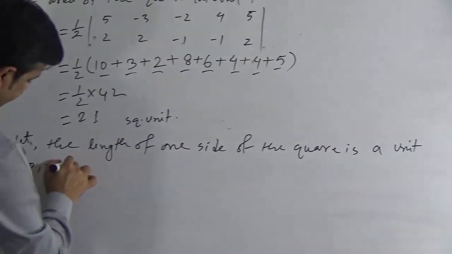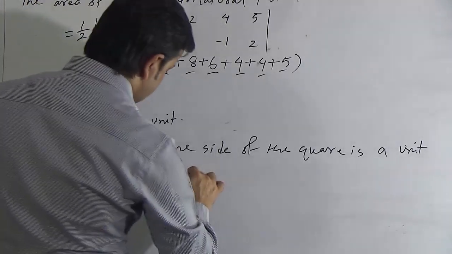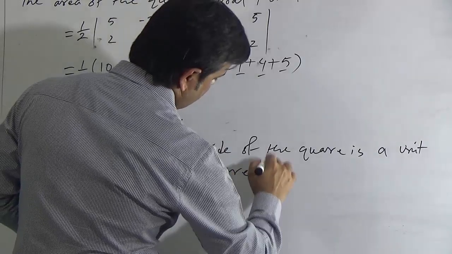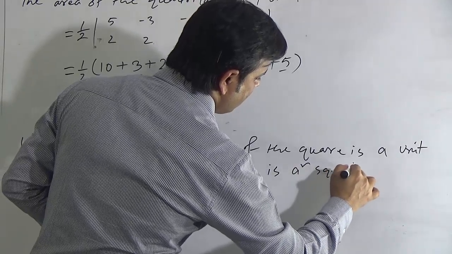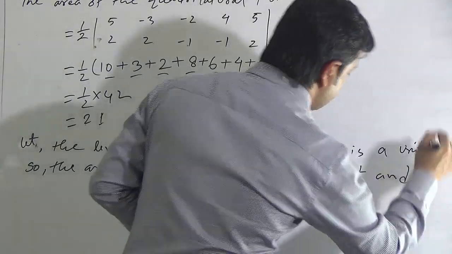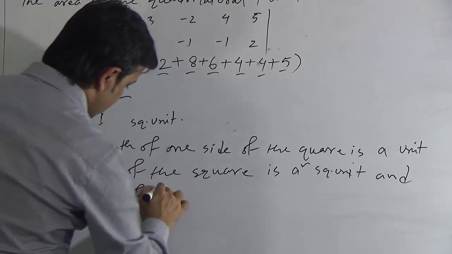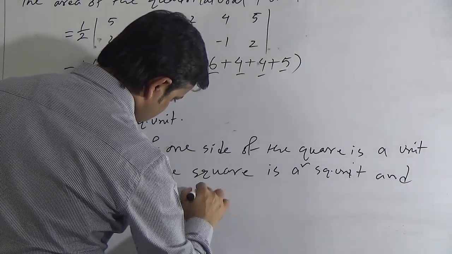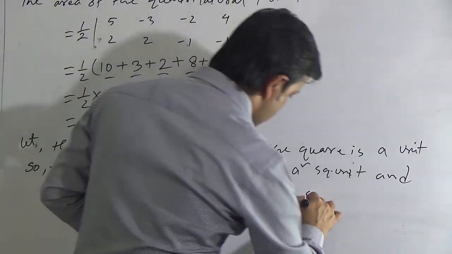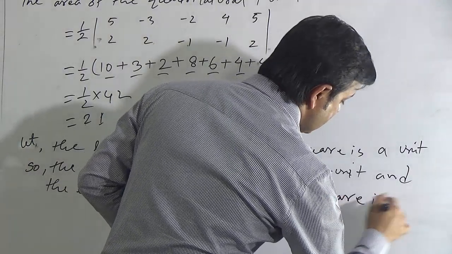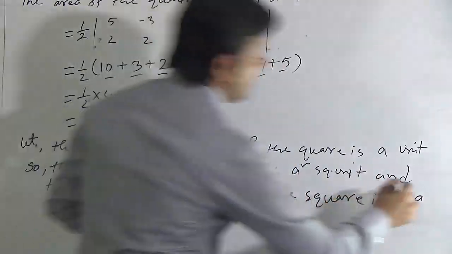So the area of the square is a square unit, and the length of the diagonal of the square is, that is, square root 2 into a. This is unit.